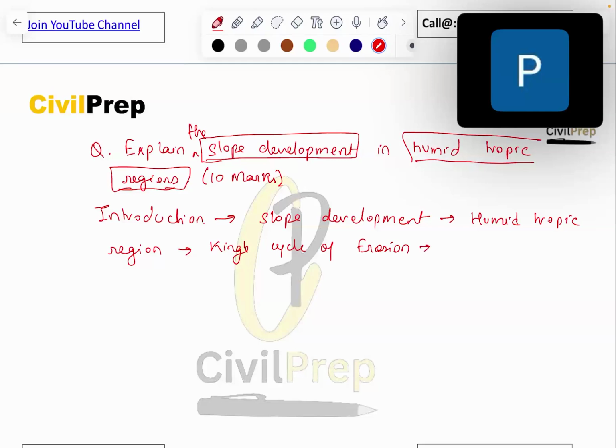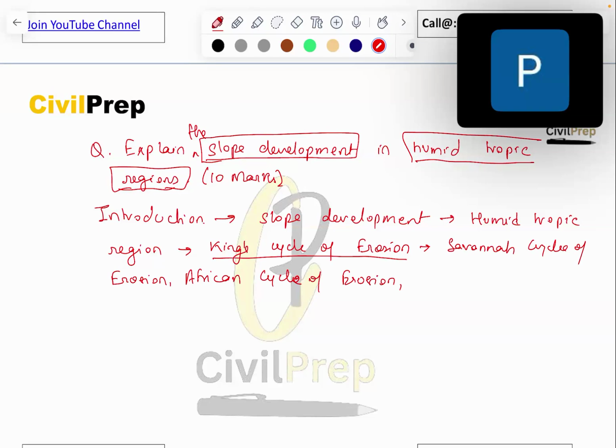Okay, King's cycle of erosion, which is also called the savanna cycle of erosion, and it is also called the African cycle of erosion. So this is referring to King's cycle of erosion in this particular aspect.